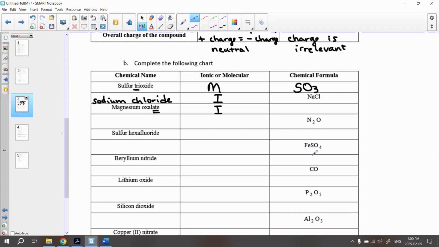Okay, so same thing here. Well, first of all, you've got a metal. Anytime you start with a metal, it's going to be ionic. But you know there's a polyatomic ion here because there's more than 2 elements involved. So that's going to be ionic again, right? So just keep your eye out for those little tips and tricks and go through and label them as ionic or molecular and then give the corresponding name or formula.